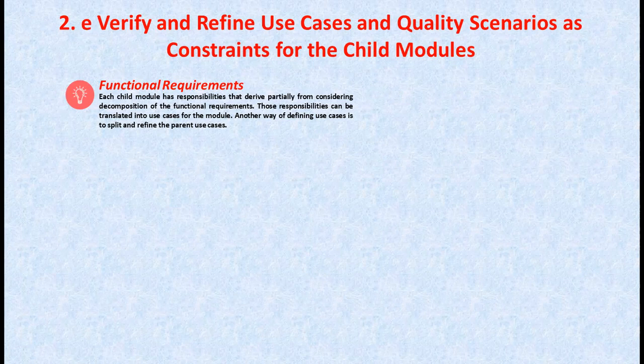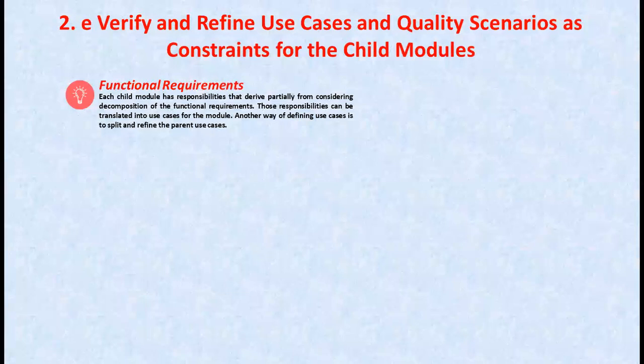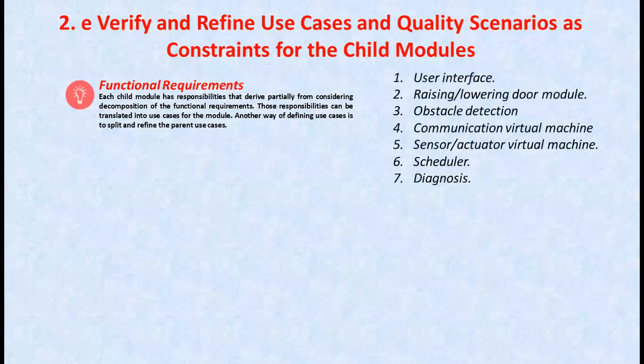For example, a use case that initializes the whole system is broken into initialization of the subsystems. This approach has traceability because an analyst can follow the refinement. So here the responsibilities are decomposed into the following functional groups corresponding to the modules.